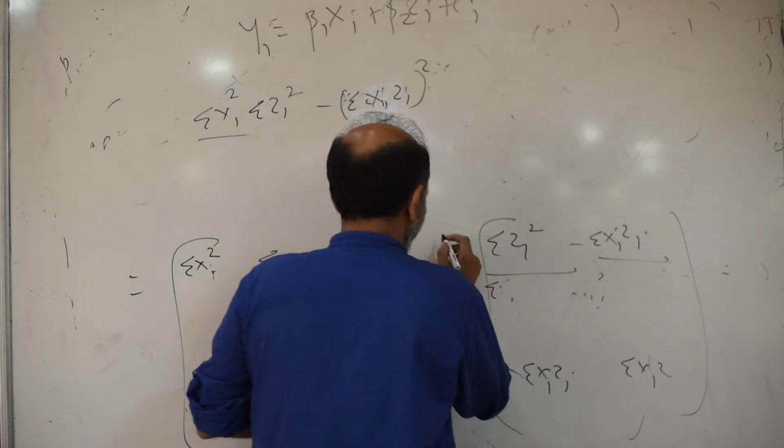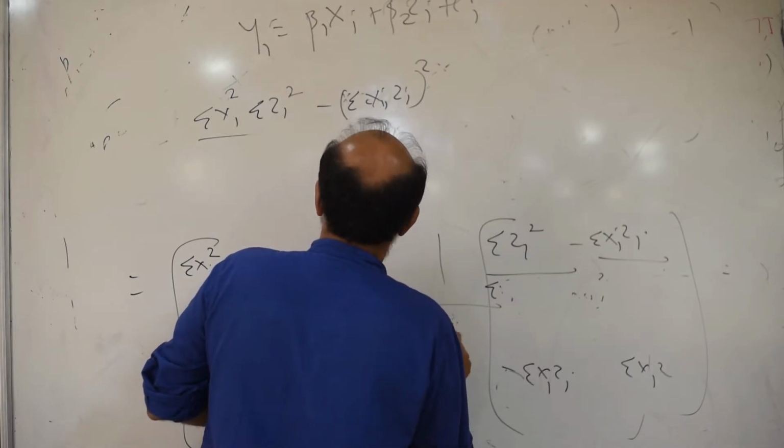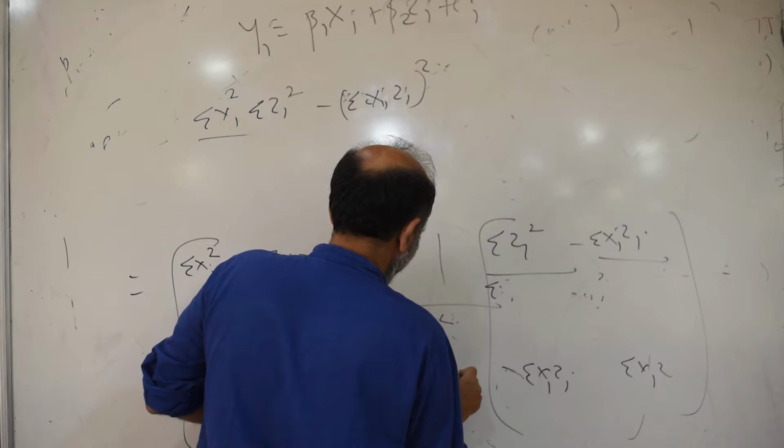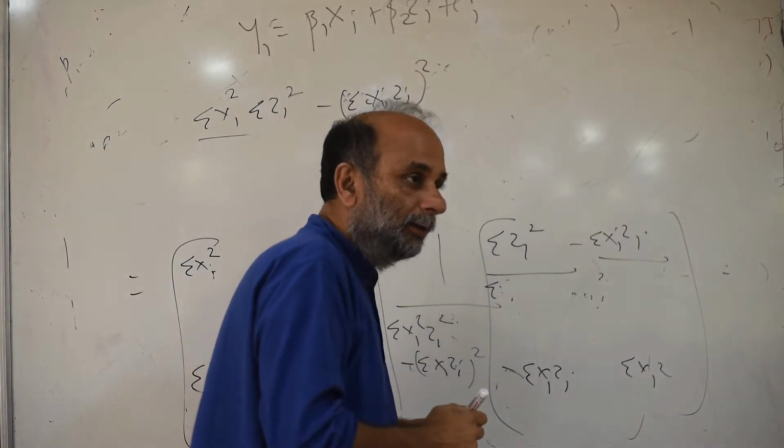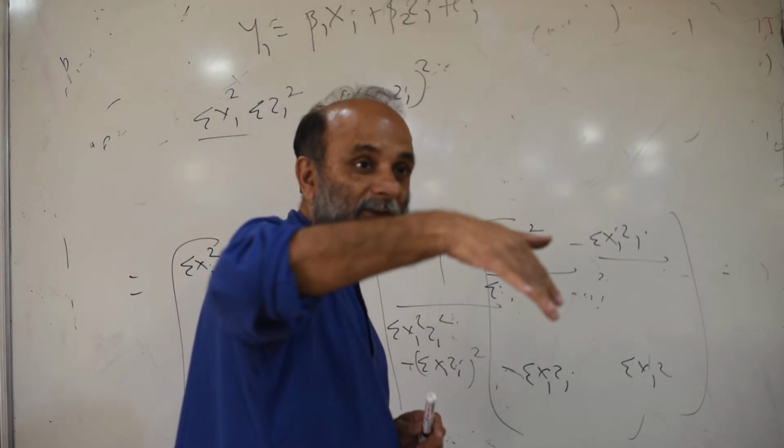So I just write it here outside. You have to divide by the determinant, right? To get the inverse.